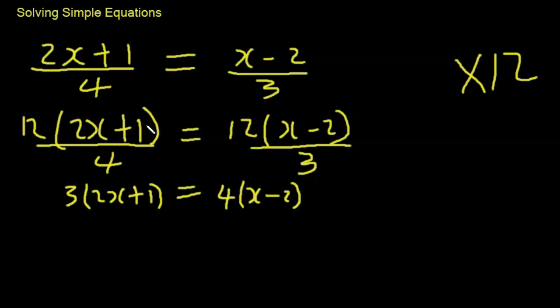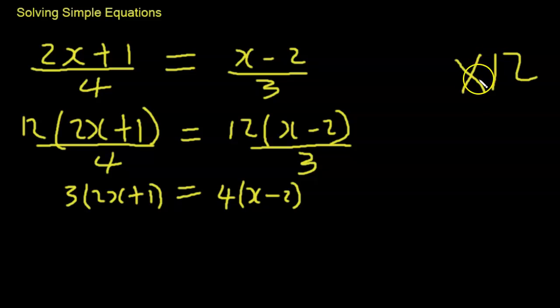If you look at the past couple of examples we looked at, it would not have worked. The only time it works is when you have one fraction equal to another fraction. So in this case it would work, but we don't encourage it because it doesn't work in every situation.